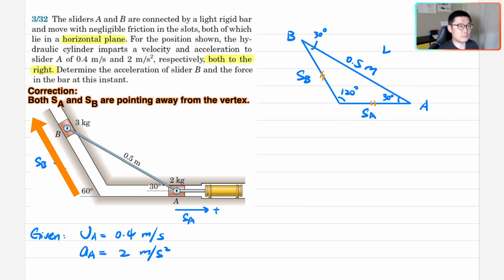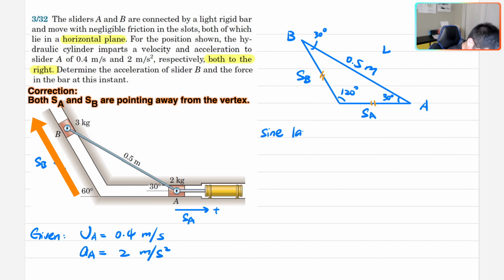So for a triangle, there are two tools you can use: sine law and cosine law. Especially now you know SA and SB are equal. So you can find out the length of SA and SB via sine law.